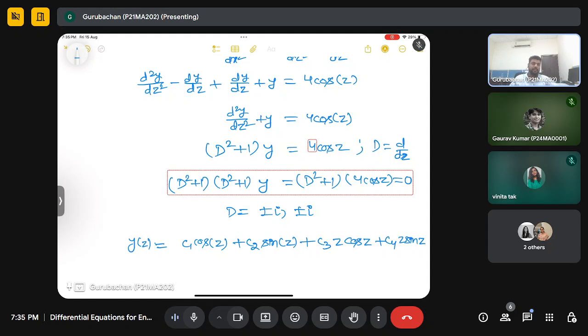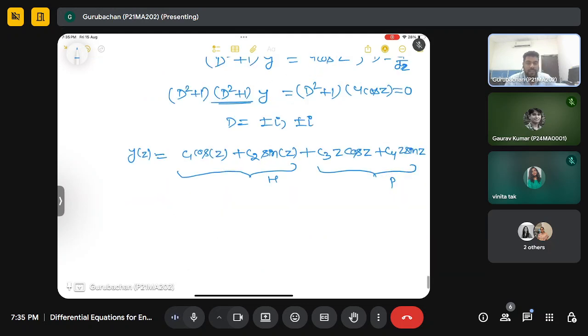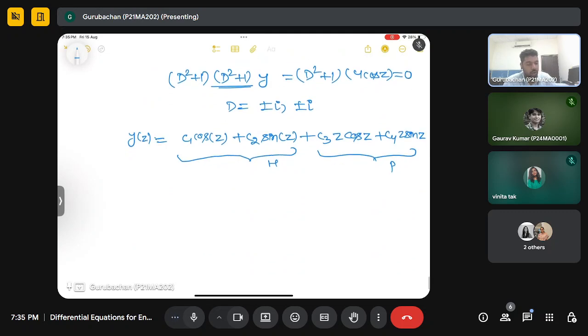So now the question arises, which will be the particular solution? Observe from the homogeneous part d square plus 1, it is not repeating. So C1 cos z plus C2 sin z is our homogeneous part, and the remaining will play the role of the particular part, and we have to find out C3 and C4 by differentiating it two times. So look, yp of z is C3 z cos z plus C4 z sin z.